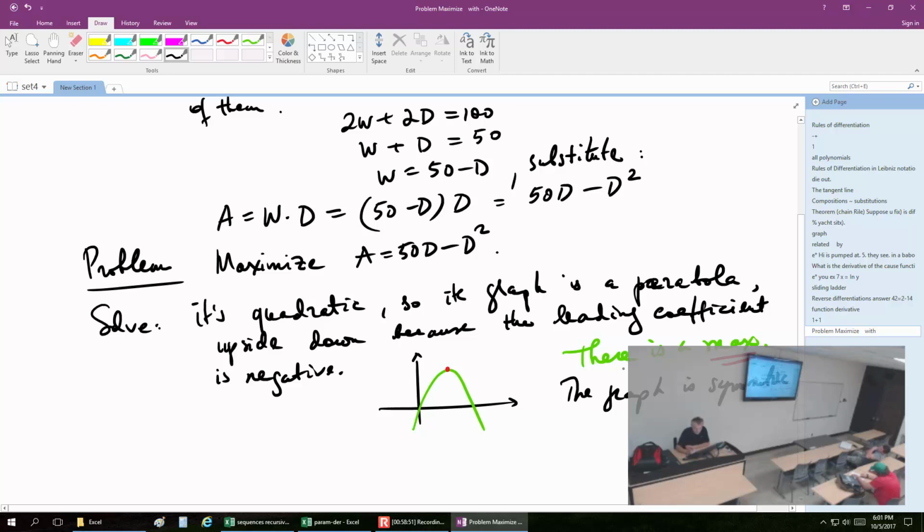So there is a vertical axis of symmetry. This one. To the left is the same as to the right, and that is the point that we're looking for. That line will pass through the tip, and where is that?